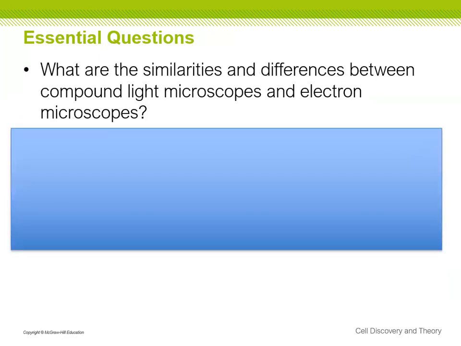So what's different between these two microscopes? We have light microscopes and electron microscopes. Compound uses glass lenses, and an electron doesn't. Electron uses electrons. And then how else? There's one more big thing.